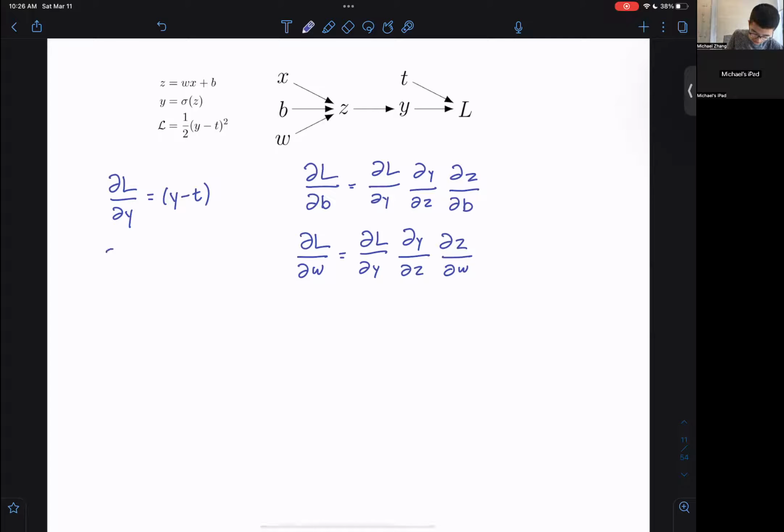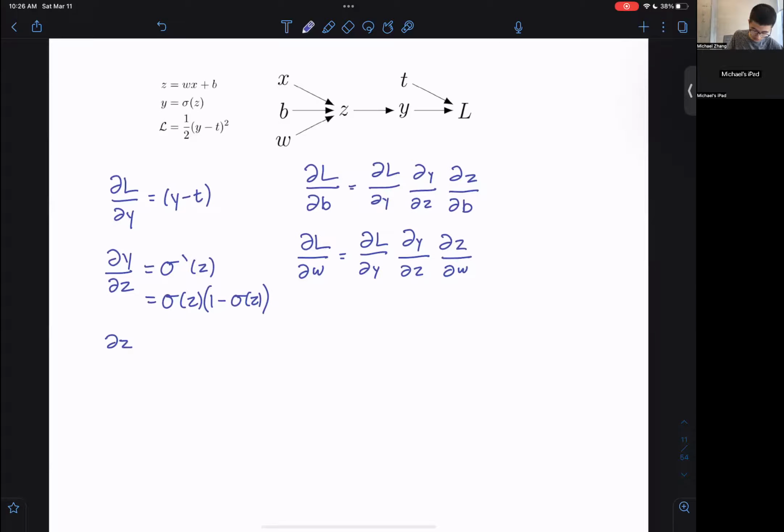So you'll recall that the partial y, partial z is going to equal sigmoid prime of z, which equals sigmoid of z times 1 minus sigmoid of z. And then finally, we can compute the very last step, partial z, partial b.